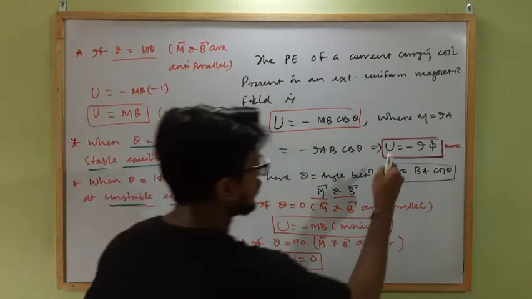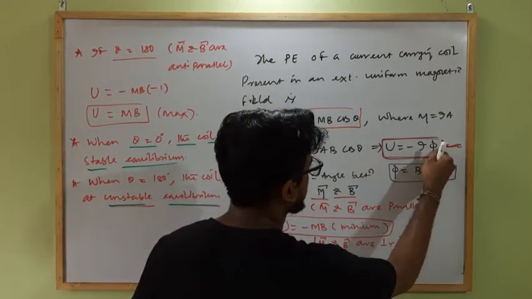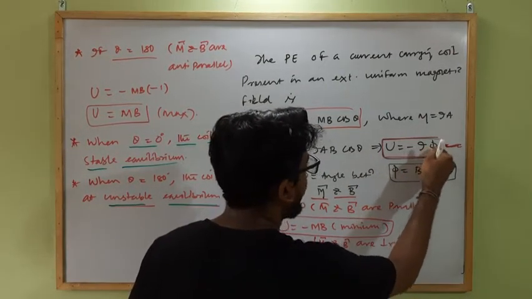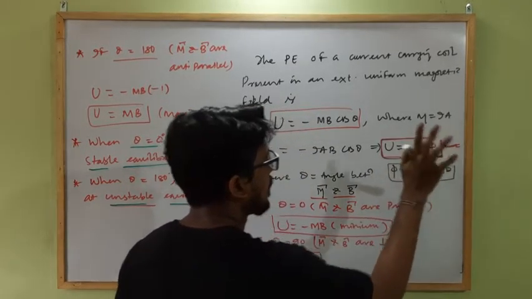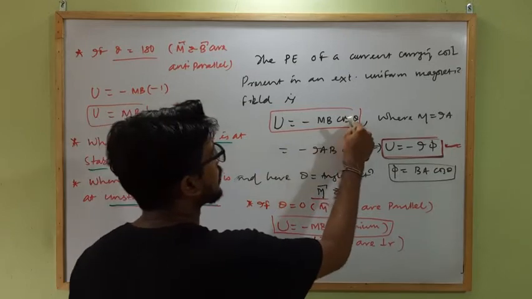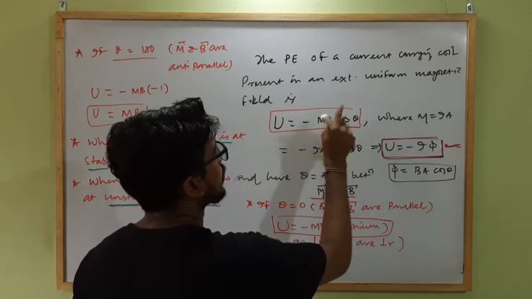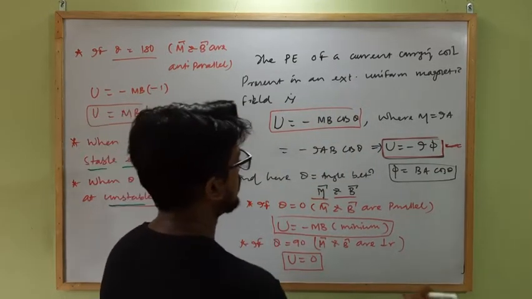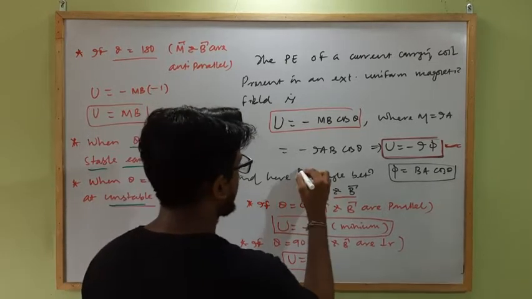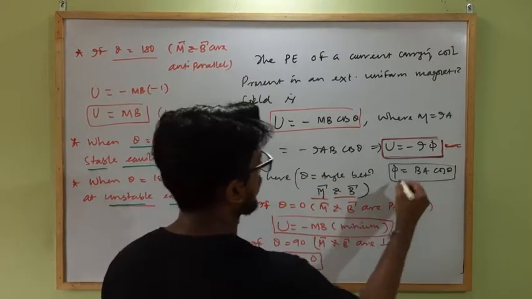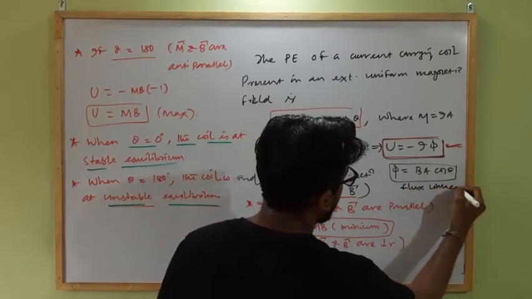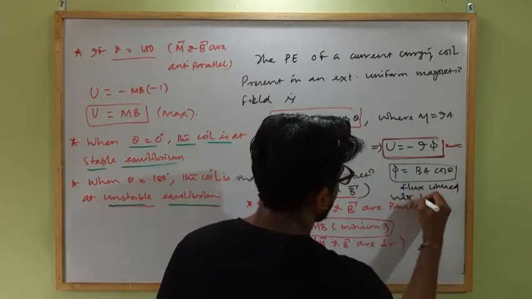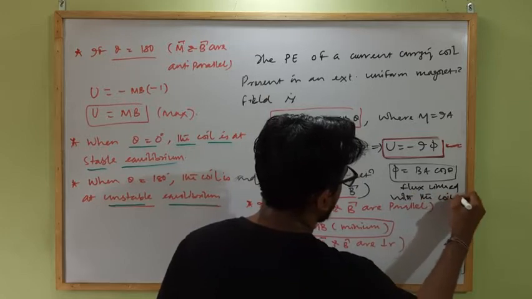In potential energy, we can use this formula, minus I into flux, where I is the current flowing through the loop and the flux is that linked with the coil at that instant, or minus mb cos theta. Here theta is the angle between the m vector and the b vector. Clear? And phi equals ba cos theta, the flux linked with the coil.